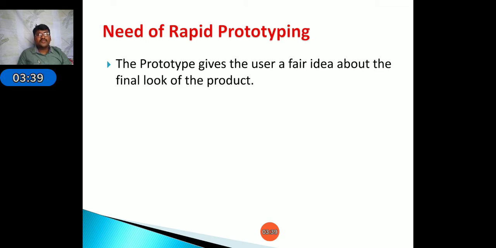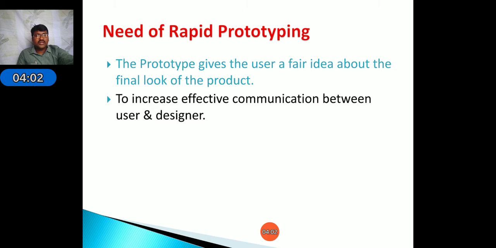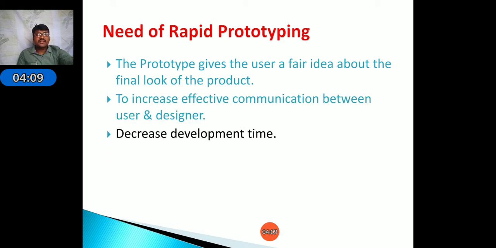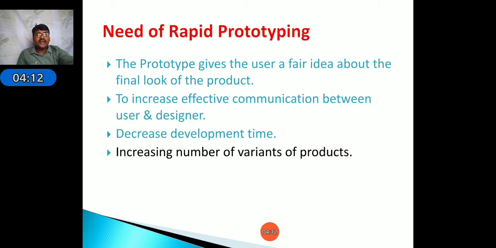A sample is nothing but a prototype. We prepare it by using the rapid prototyping technique, because by using this technology we can reduce the time of preparation and cost, and improve efficiency and accuracy. It also increases effective communication between user and designer.